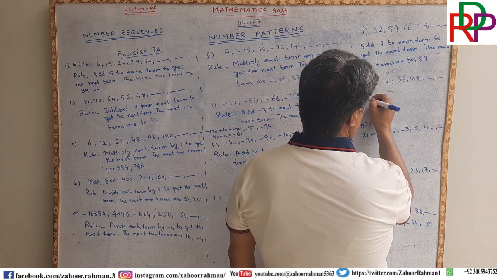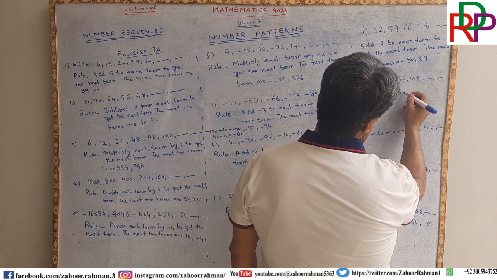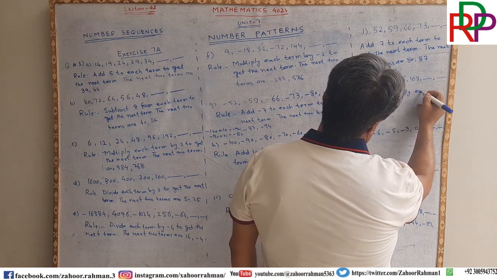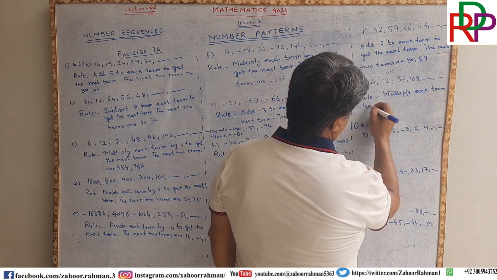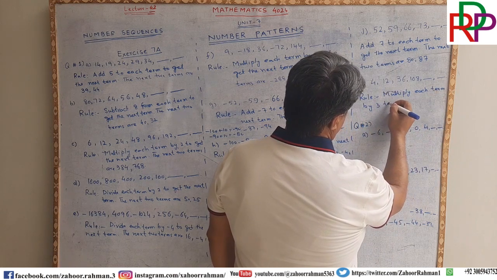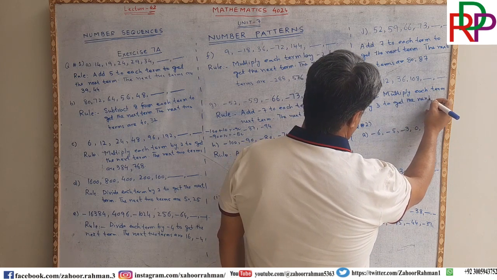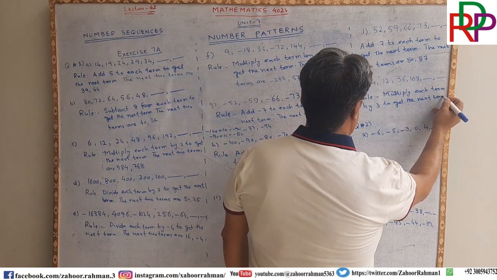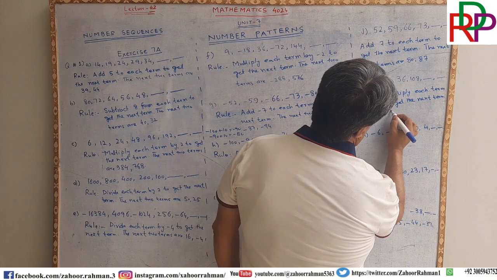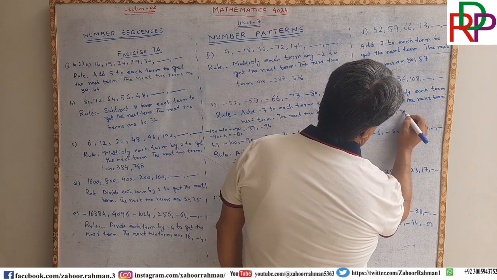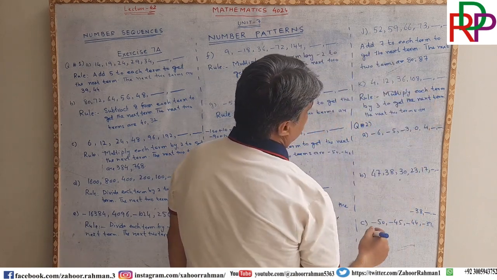So the rule is multiply each term by 3 to get the next term. The next two terms are, multiply this.